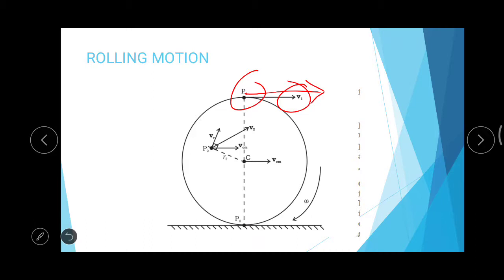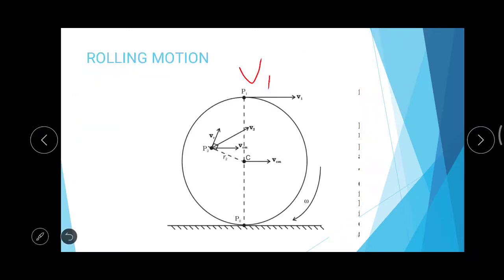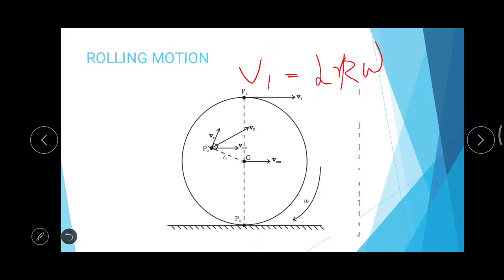So 2 R omega will be there. Hence V1, the resultant velocity at the point P1, will be equal to 2 R omega or 2 VCM.